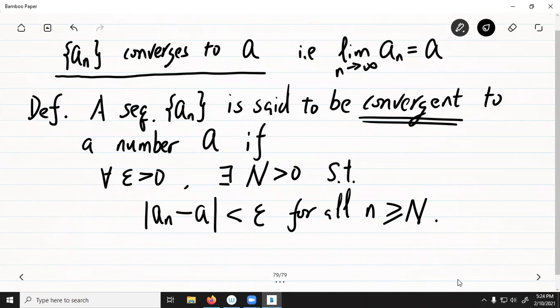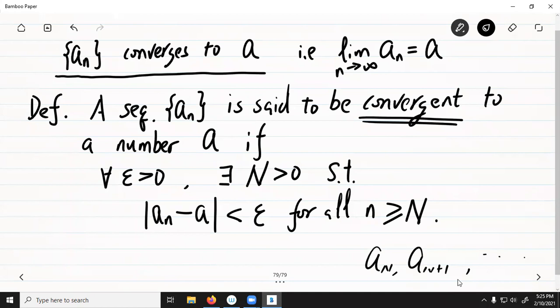When you choose a small epsilon, you can determine a capital N. After that, when the index is greater than or equal to capital N, the terms a sub N, a sub N plus 1, and so on, differ from A by less than this small number. So after that, they will be nearby.